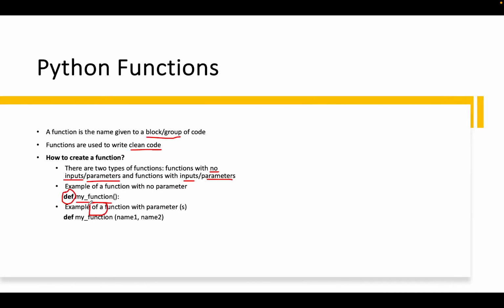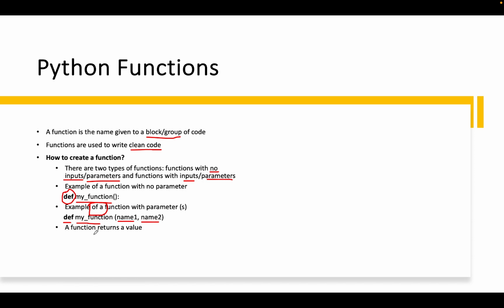So, an example of a function with parameters: you put def, the name of your function, then you put parameters or input. Again, when we start coding, you'll understand it better. Just know this format, okay?